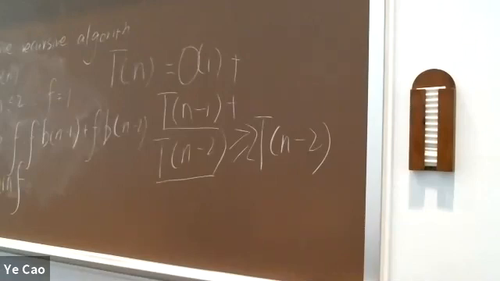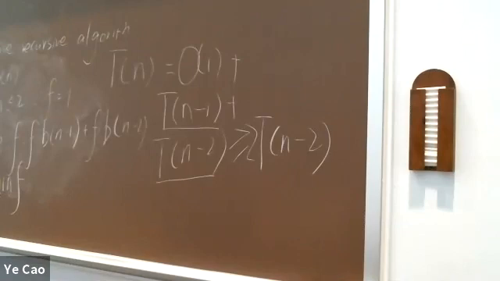And the base case, T(0), is just going to be a constant, right? Because when you reach the base case, it just returns the first one. So T(0) is just equal to O(1).